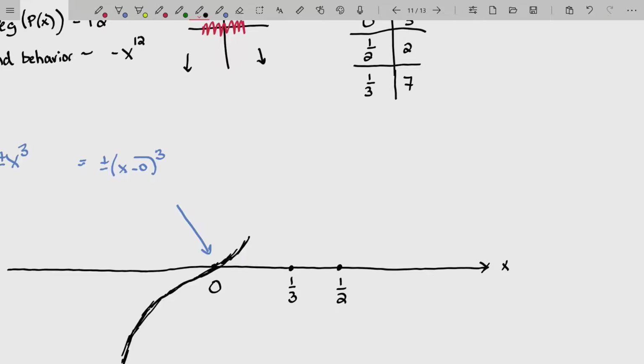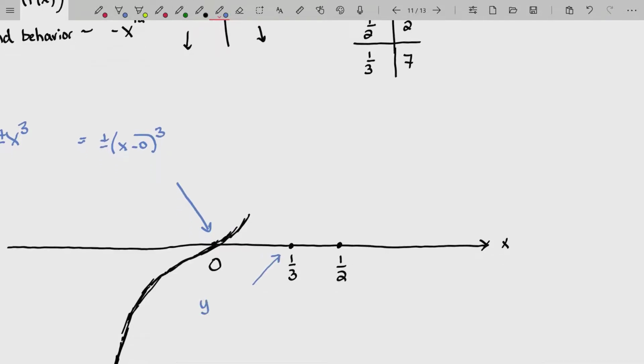But very important to note, at that 0 the graph is going to look like y equals plus or minus x minus 1/3 raised to its multiplicity, which is 7. That's a super high odd power. So it's going to look like a cubic, but really, really flat. So I'll showcase that here. It's going to want to come down.